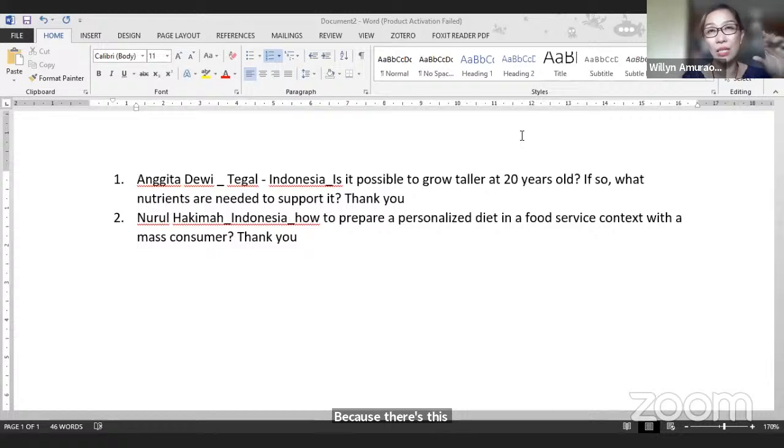They give at least 5 inches, from 5'5" that person became 5'8", but at the age of 18, because when you reach 20, 21 years old, your growth spurt will stop.